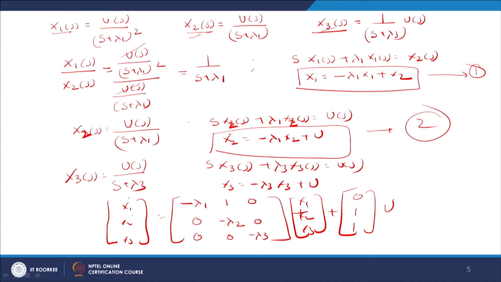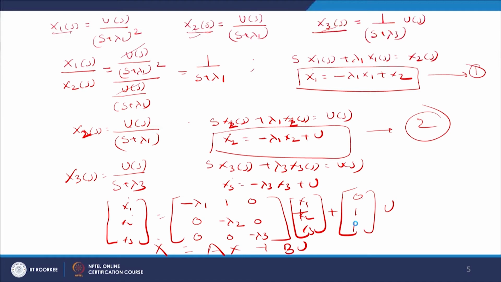So, x dot equals Ax plus Bu. A is minus lambda 1, 1, 0; 0, minus lambda 2, 0; 0, 0, minus lambda 3, whereas B is 0, 1, 1. So, state equations we have determined. Now, we have to determine the output equations.